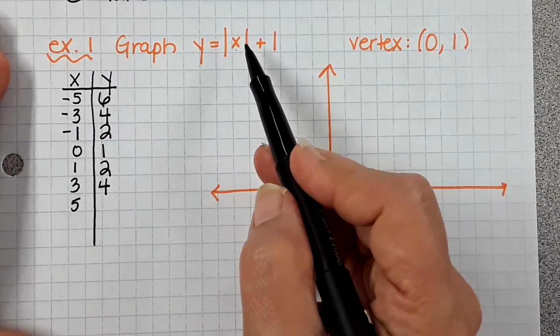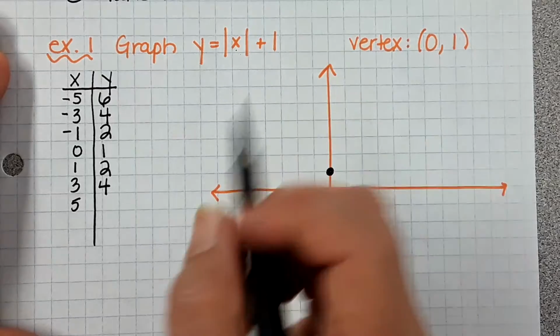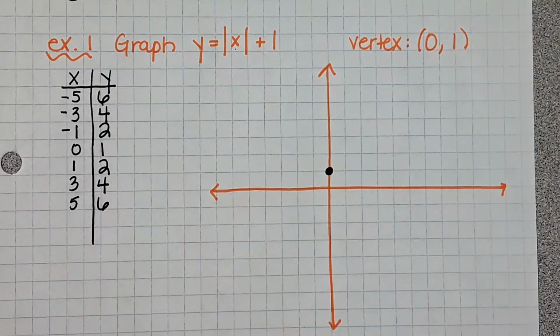The absolute value of 5? 5. 5 plus 1 is 6. You guys, it is a good idea, especially with absolute value, that you have 3 on one side and 3 on the other side, just because it gives you a good, clear vision of how we're going to graph this.